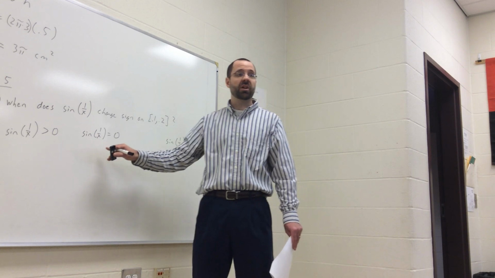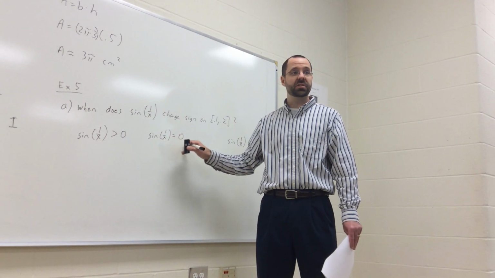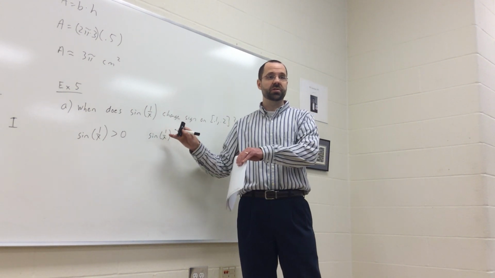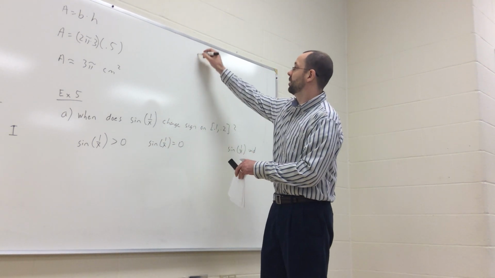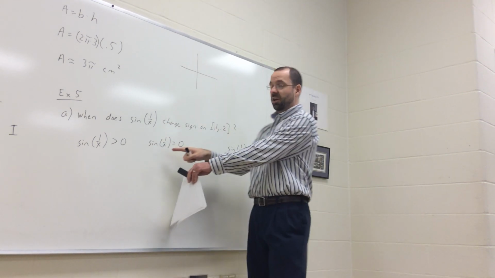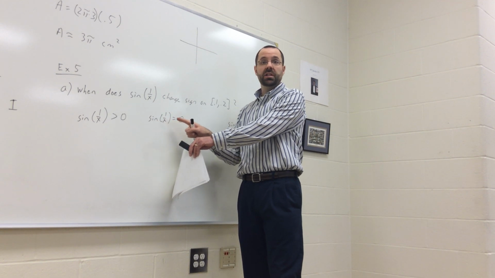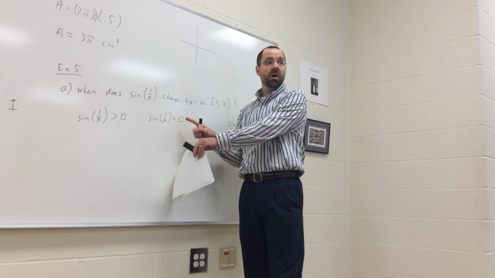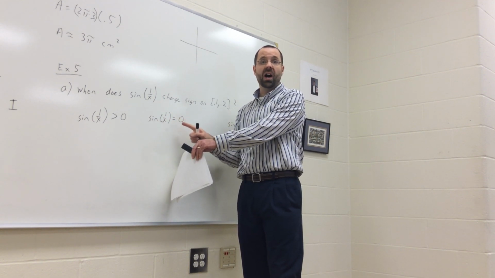Okay, so over here, we're trying to figure out when this quantity is equal to 0. So let's look at the unit circle. We're trying to figure out when the sine of an angle is 0. On the unit circle, the sine is the y value.